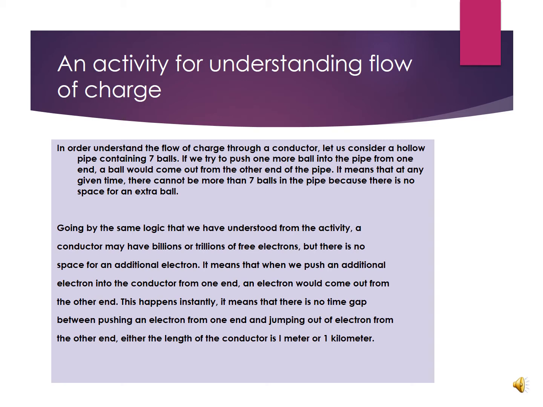That means when an electron is pushed from one side of the conductor, another electron will come out from the other end. And this happens instantly, with no time gap, however long the conductor is, whether 1 meter or 1 kilometer.